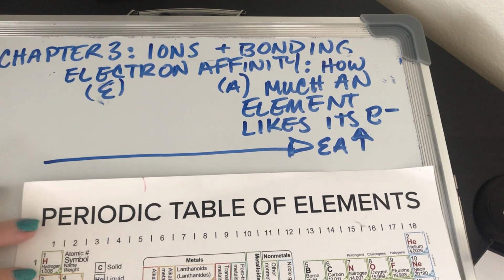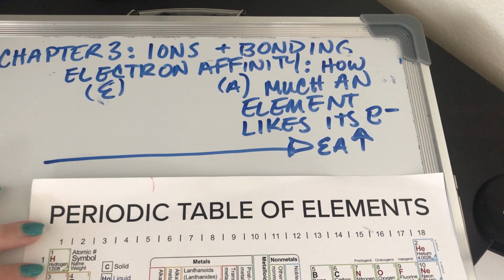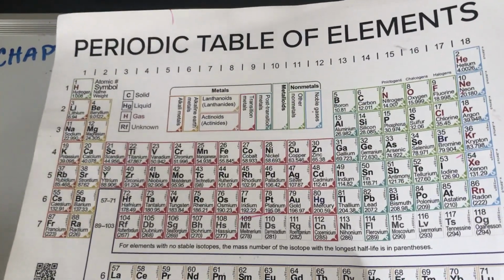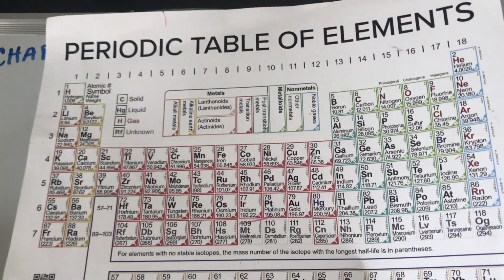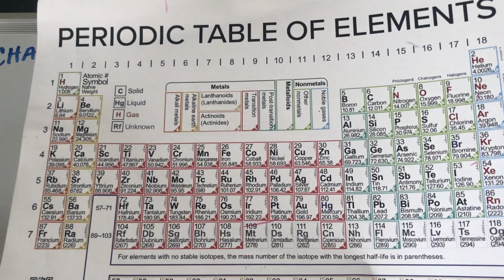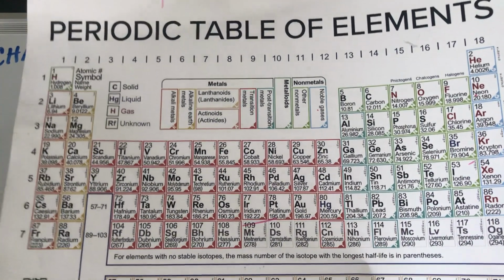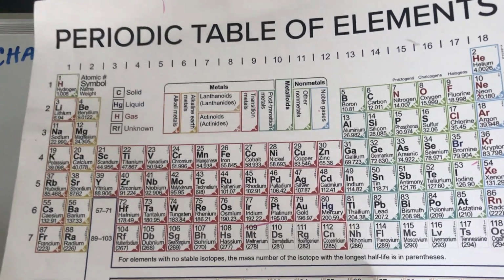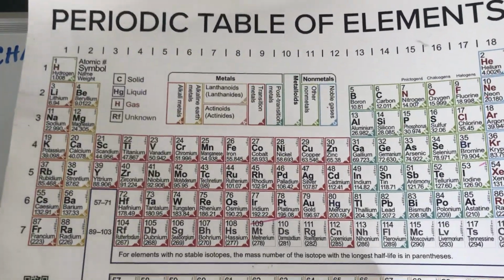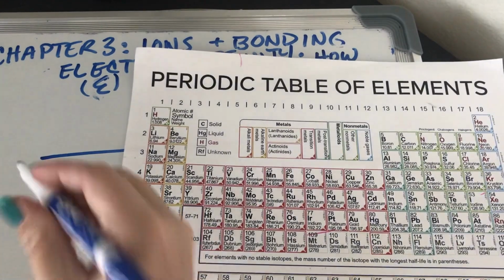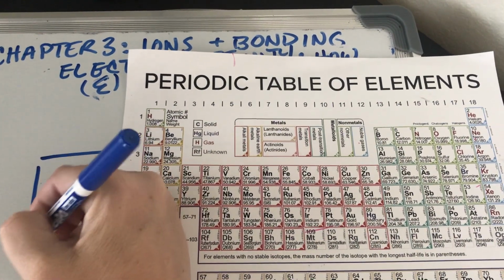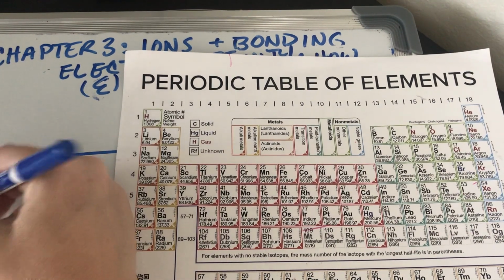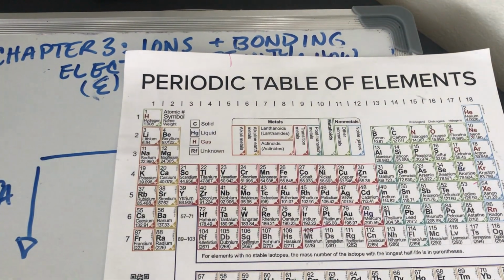Knowing what we know about ionization energy, that it decreases as we go down the periodic table, what do you think happens to electron affinity going down? Exactly. So as you go down the periodic table, the EA also decreases.